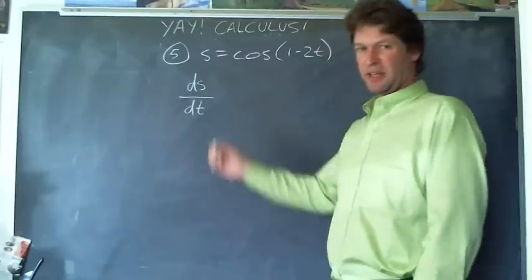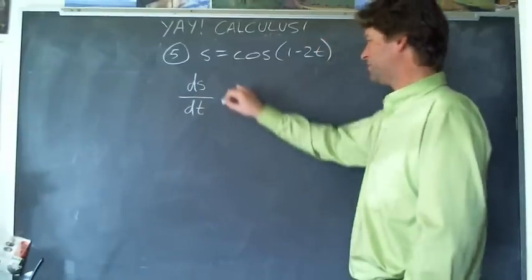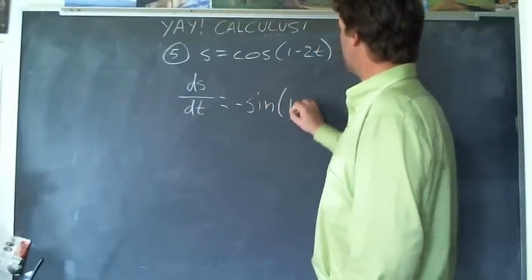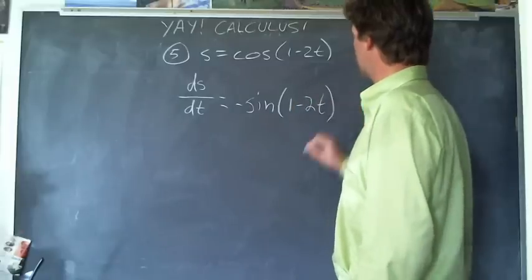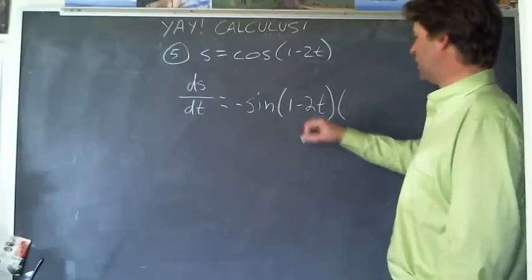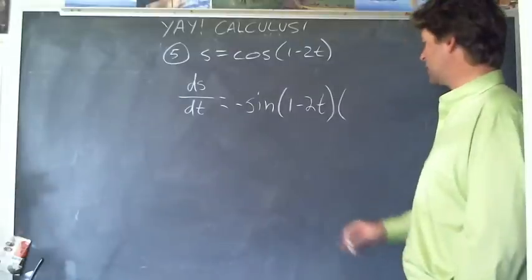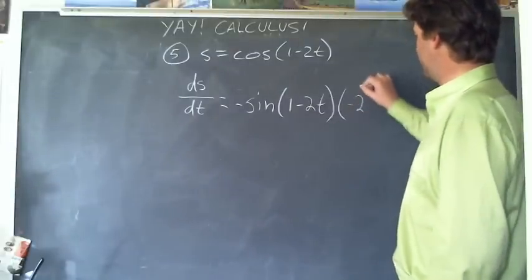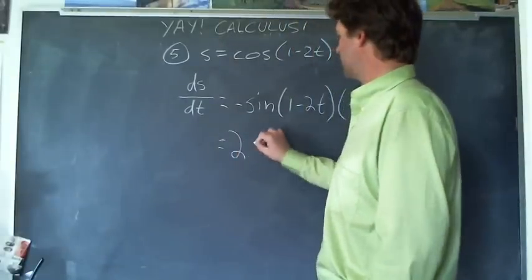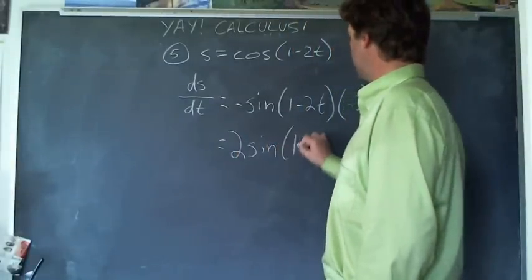On the AP exam, if you write dy dx, you're going to get it wrong. The derivative of cosine is negative sine. Keep what's in the parentheses, keep the input of our function. Then multiply after the fact by the derivative with respect to t, which is just negative 2. Negative 2 times negative sine is 2 sine of 1 minus 2t.